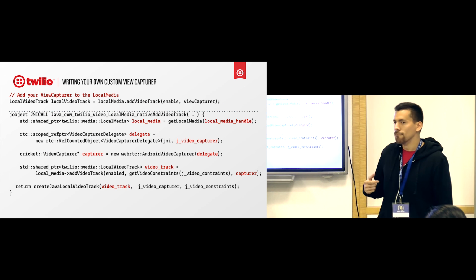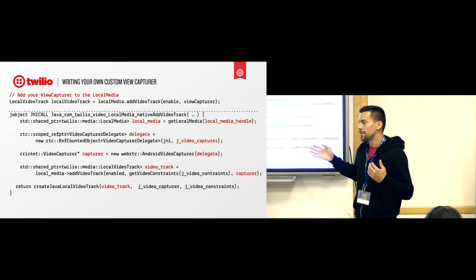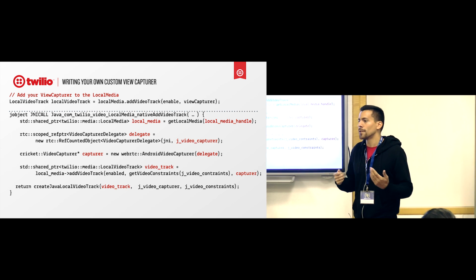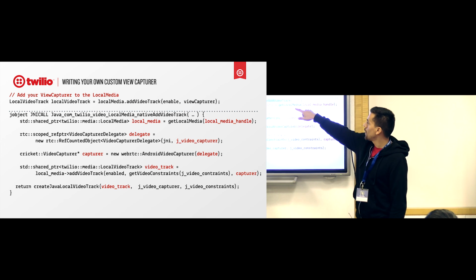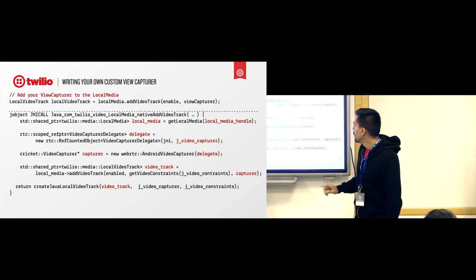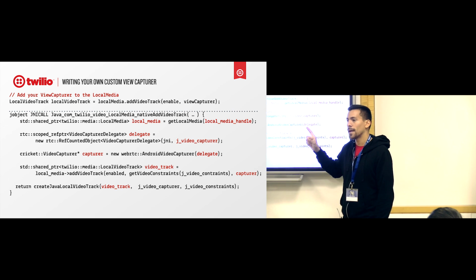I kept saying us and we. What I'm really talking about here is that we use the power of WebRTC, Google's Chromium WebRTC implementation. Under the hood, when you call add video track, we go down using JNI and create a delegate, which allows us to call back to these methods, the start capture and stop capture.